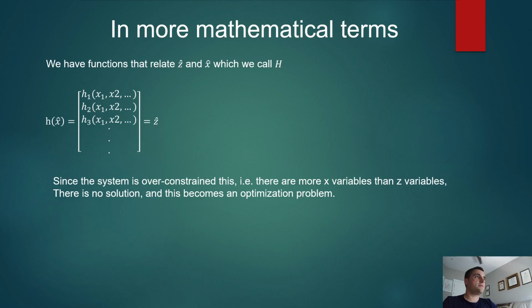So to put that another way, we compute a system of functions, h of x, which is a whole bunch of functions comprised of our state variables that give us our measurements.